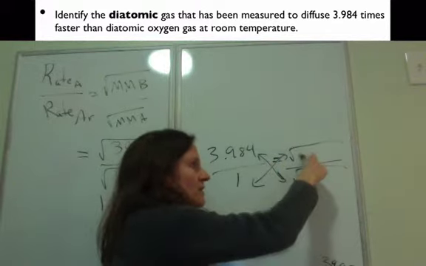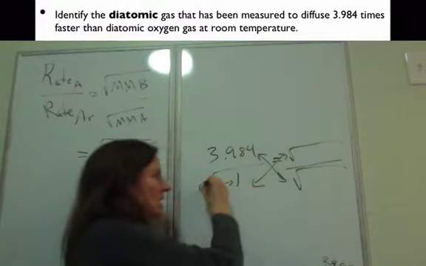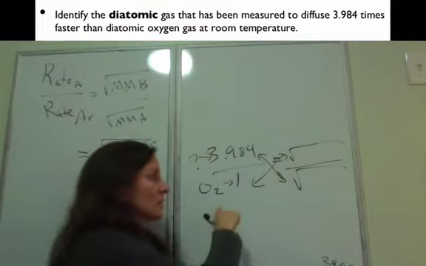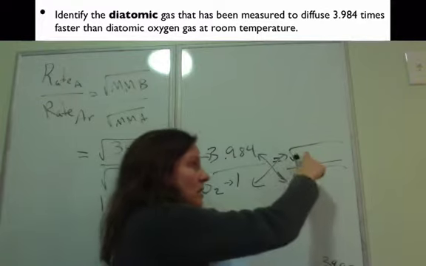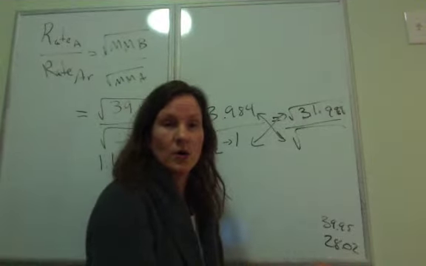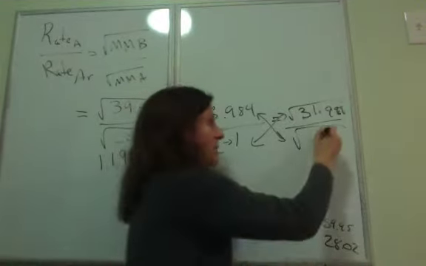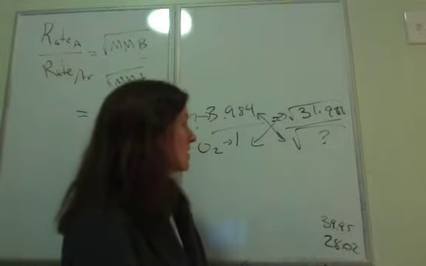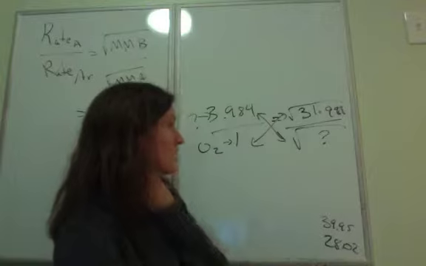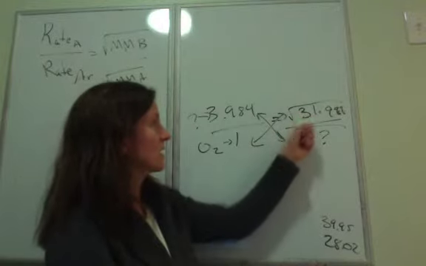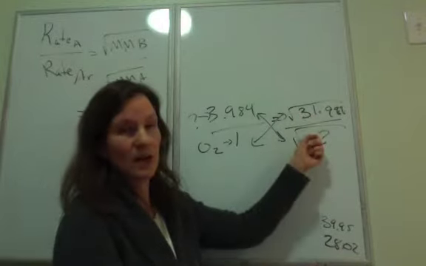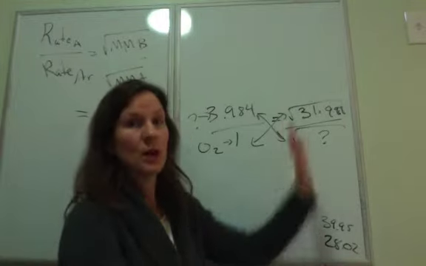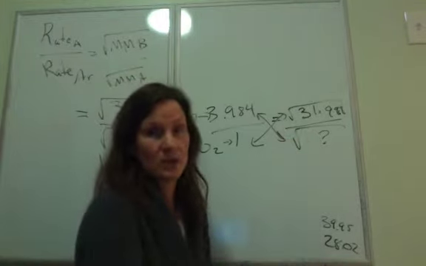The molar mass of oxygen goes here, because this is the rate as it relates to oxygen, and this is the rate of my unknown gas, so my unknown molar mass of my diatomic is right here. Now you just solve for it by cross multiplying and dividing, remembering to square both sides to get rid of the square root.